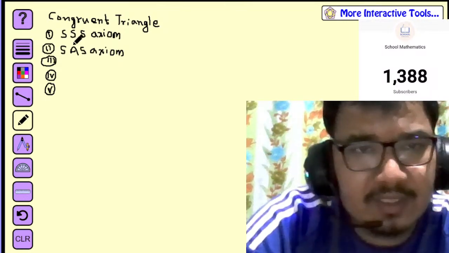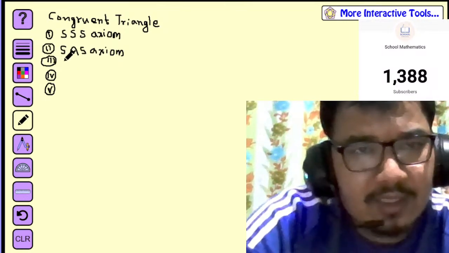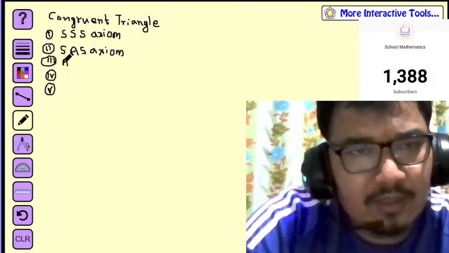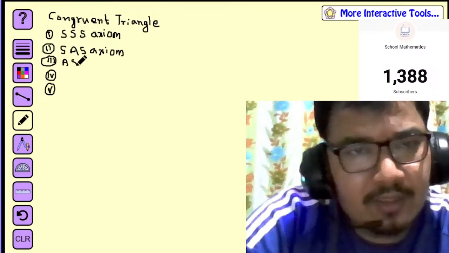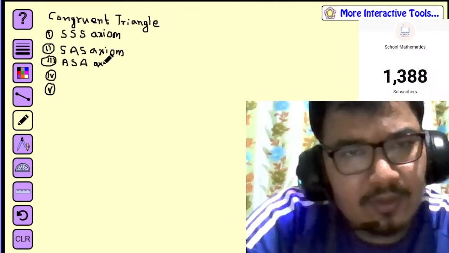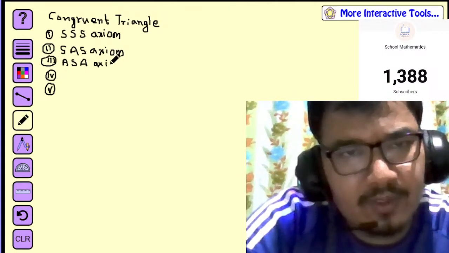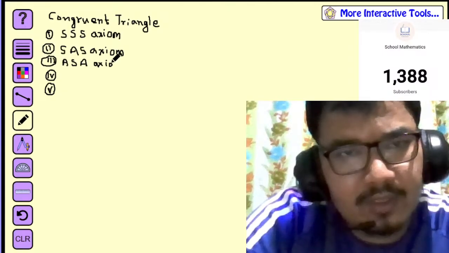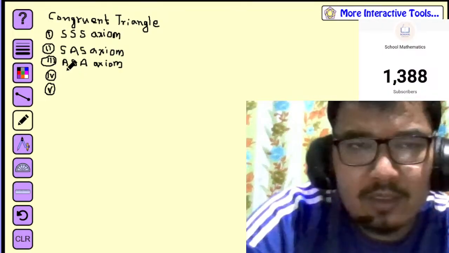First one SSS, then SAS, then the angle, side, angle axiom. We can write axiom, or we can write test also, or theorem also, theory also. All are the same.